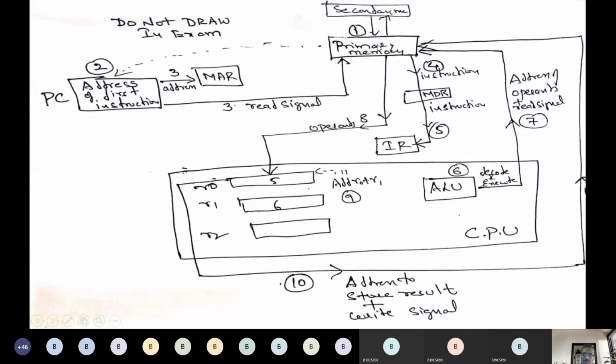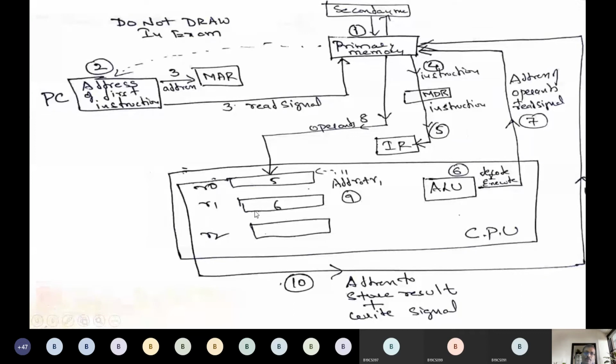The operands A and B are sent to, here you can see step 8, the operands A and B are copied into R0 and R1, general registers inside the processor. When primary memory sends the operands, they are stored in general purpose registers, because IR can store only instructions, not operands.